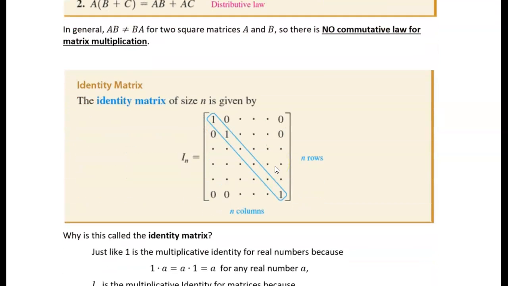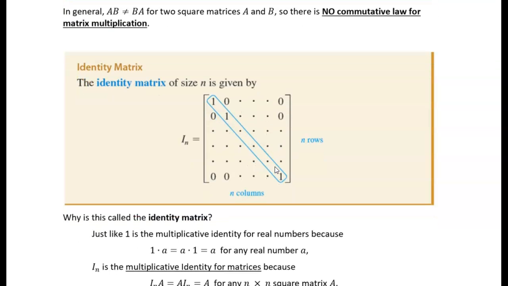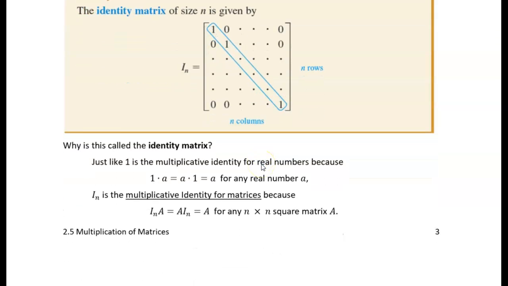All right. And then there's also something called the identity matrix. Now, the identity matrix is like the one in the land of matrices. We have the number 1 in real numbers, and the number 1 is considered the multiplicative identity, which means that when you multiply something times 1, you always get that same something back. It doesn't change the value.